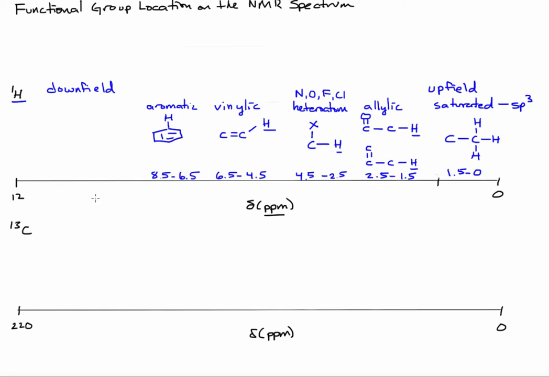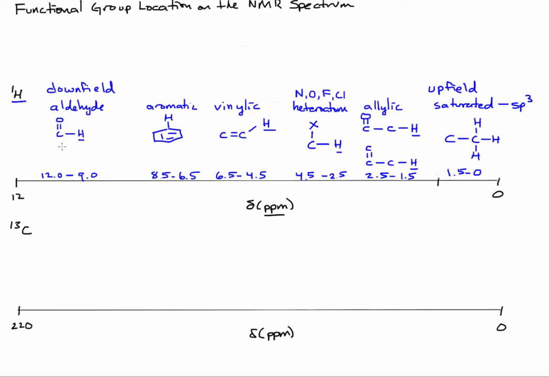And then finally, between 12 and 9. So 12 is pretty much the limit in proton NMR. And 9. Typically out here you'll see aldehyde. So here's our general aldehyde functional group. You'll see this hydrogen.